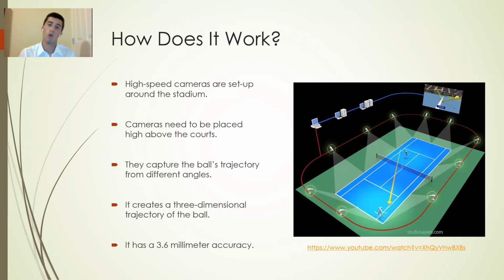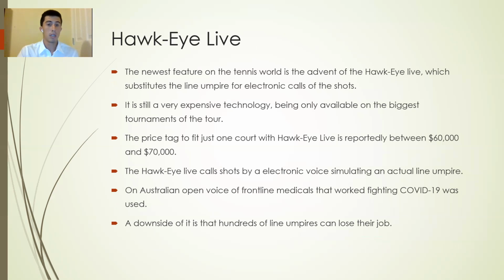Then they give all this information to computers inside the stadium, and these computers give it back to the chair umpire, who can tell the players the outcome of their appeal. The Hawkeye technology has a 3.6 millimeter accuracy, which is honestly way better than any human being.